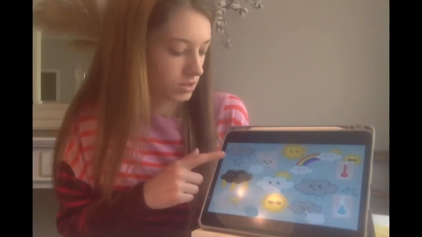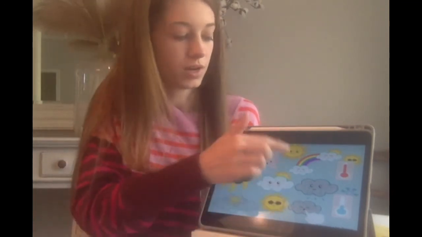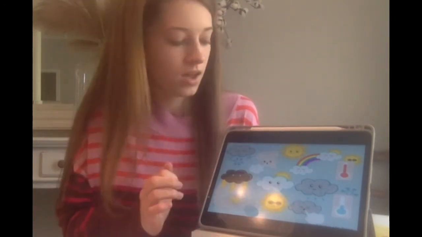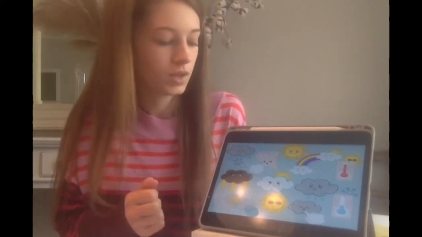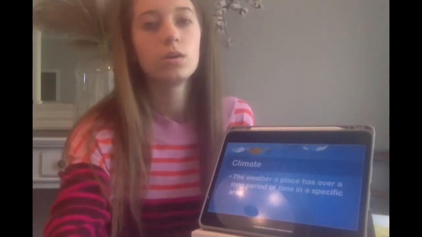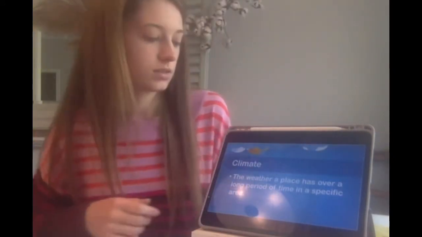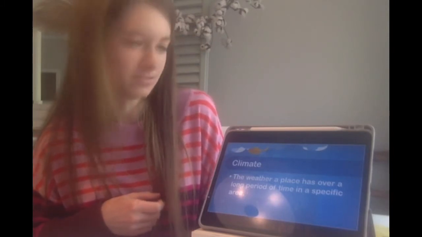We saw some snowy, cloudy, sunny, hot, cold, partly cloudy. We looked at all different types of weather. So today we are going to look at climate. So climate is the weather a place has over a long period of time in a specific area.